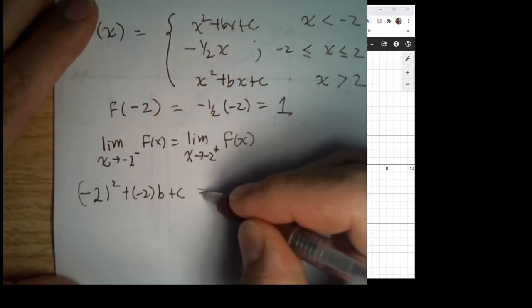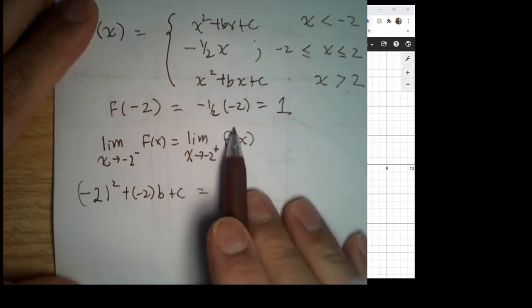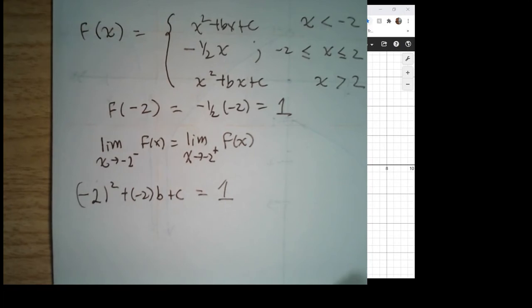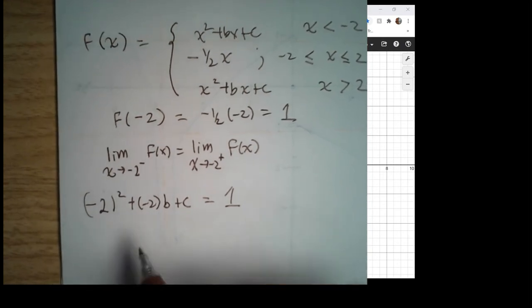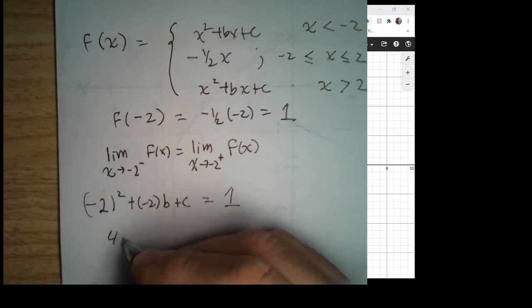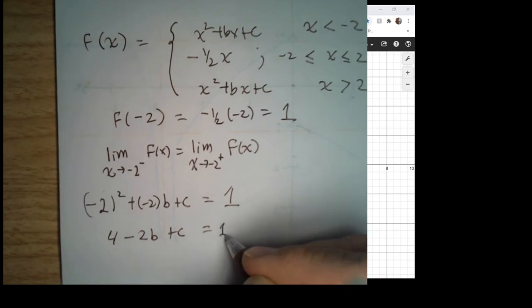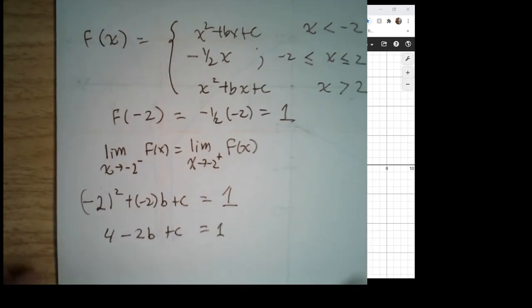And on the right side, we have the line, which is the function value itself. That'll be 1, because it's the value of the line. And the limit of a linear function, you can just plug in the value of 1. Cleaning this up, we get 4 minus 2b plus c is equal to 1.